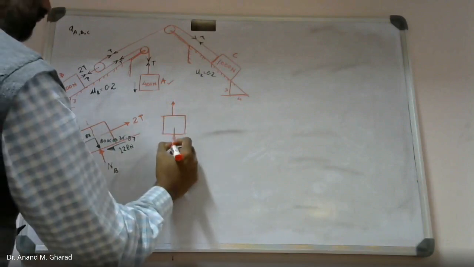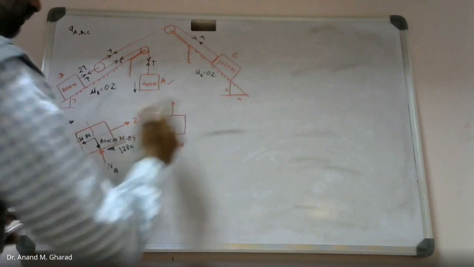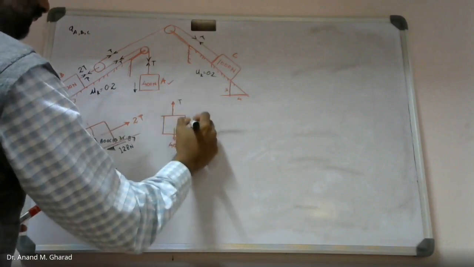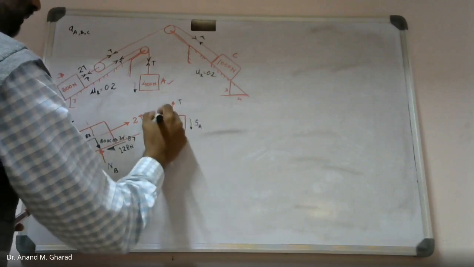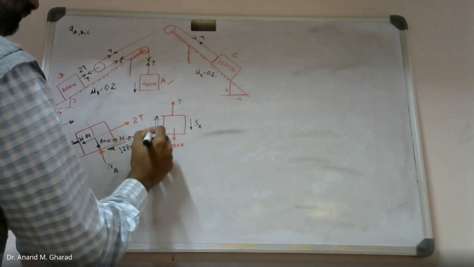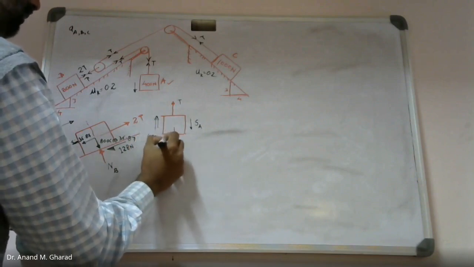Then this second block A is 400 Newton. We are assuming it to be moving in the downward direction, so the inertia force shall be upward. This will be 400 divided by g into AA.